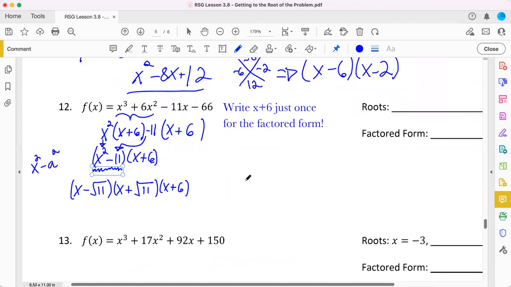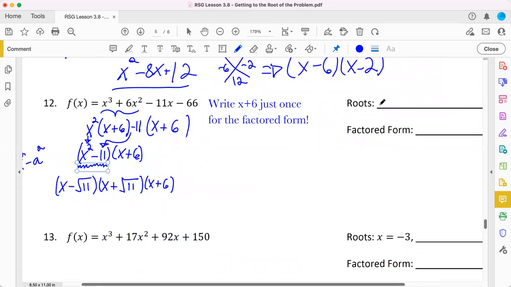Okay, capiche? So now we actually do see we have 3 roots here of square root of 11, negative square root of 11, and also negative 6. And this is our factored form here.